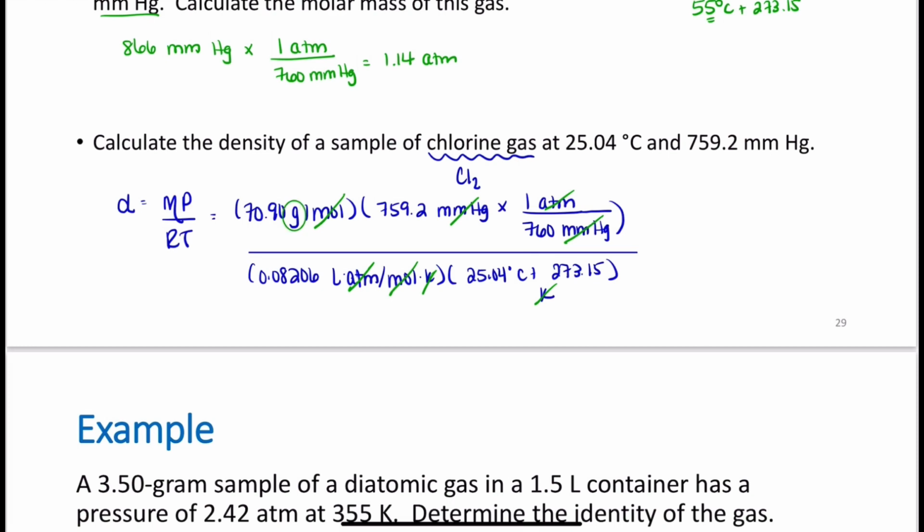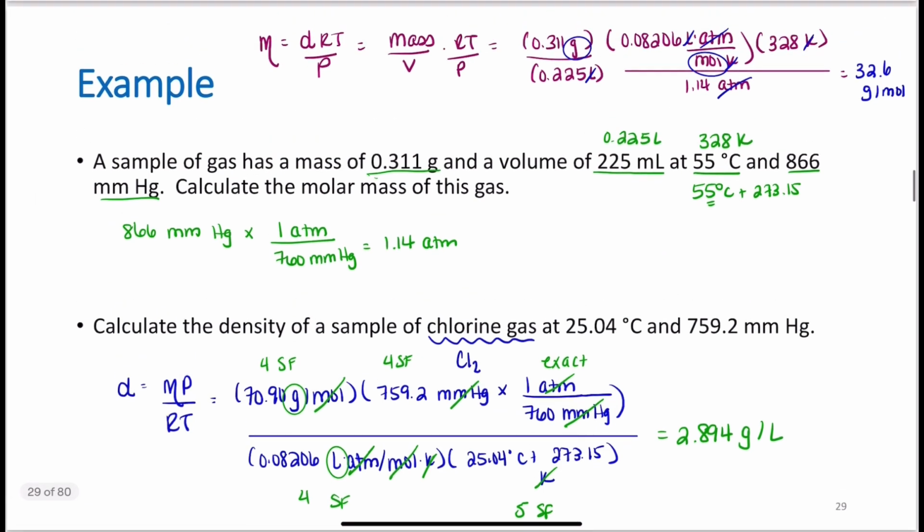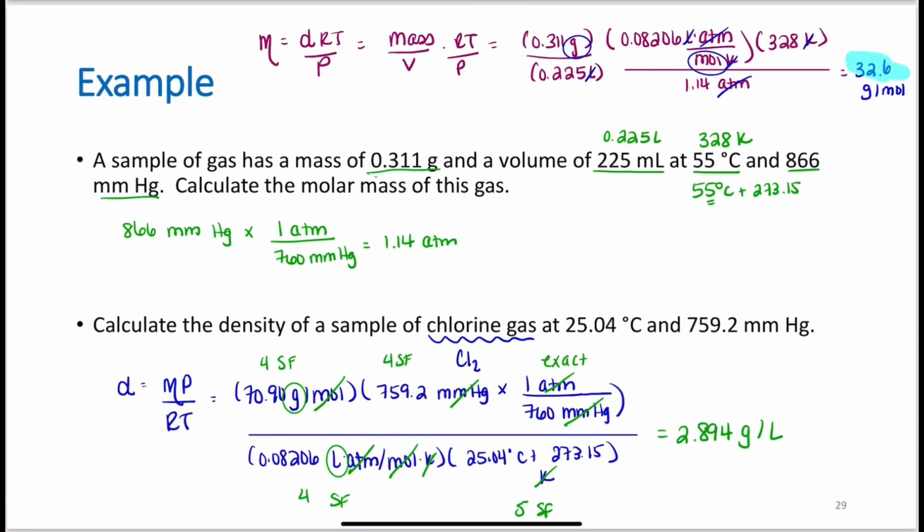I've got grams per liter as my unit. 2.894 grams per liter. This is 4 sig figs. This is 4 sig figs. This is exact. This is 4 sig figs, and even after addition, this becomes 5 sig figs. So final answer, 2.894 grams per liter.